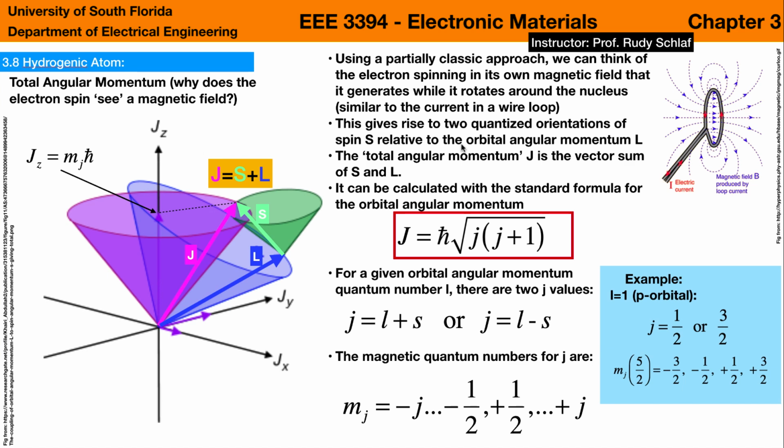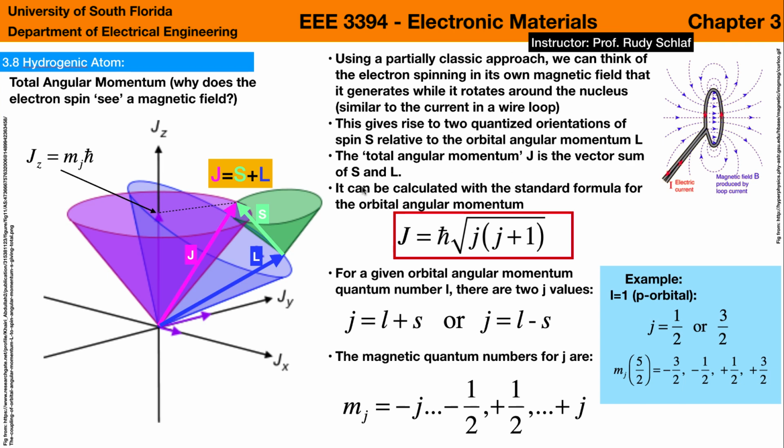Here with the electron spin, it is different, because the electron is always in a magnetic field which it creates itself. As it rotates around the nucleus, it generates a magnetic field similar to a circular current that goes around a current loop. That has the consequence that the electron spin is always quantized, even if there is no external field around the atom.